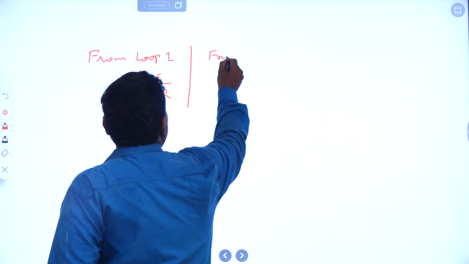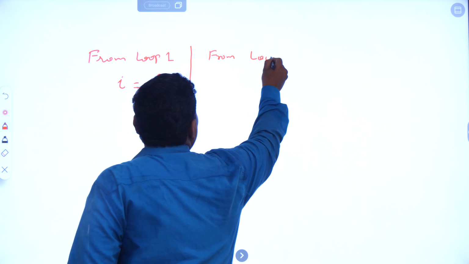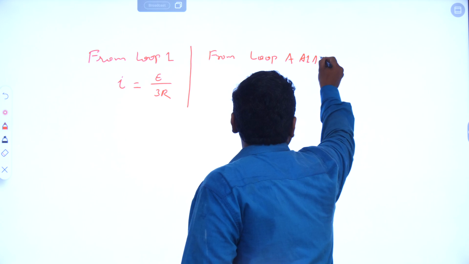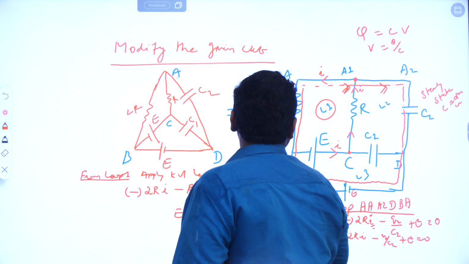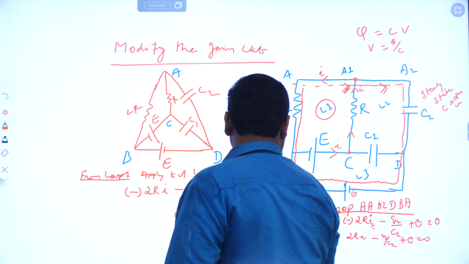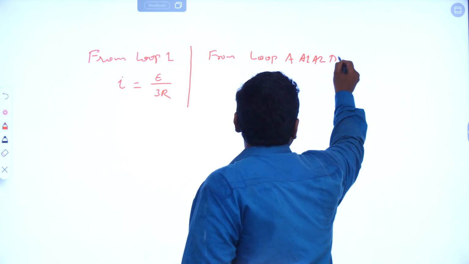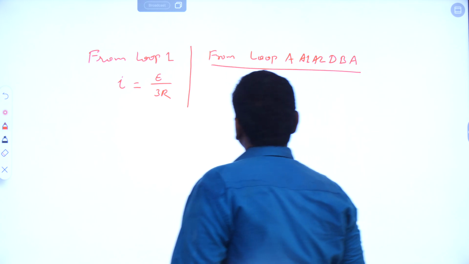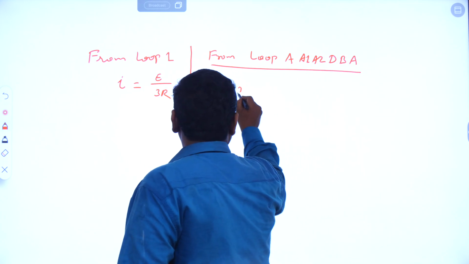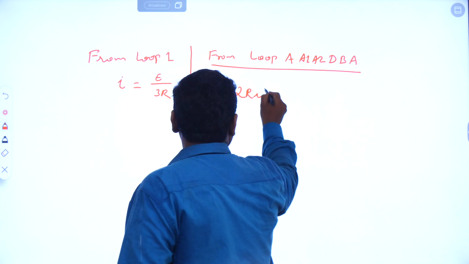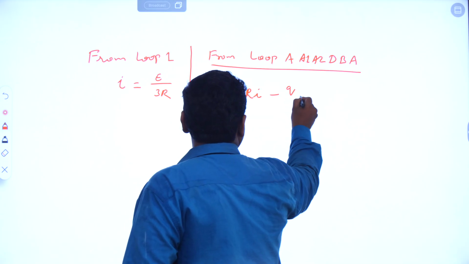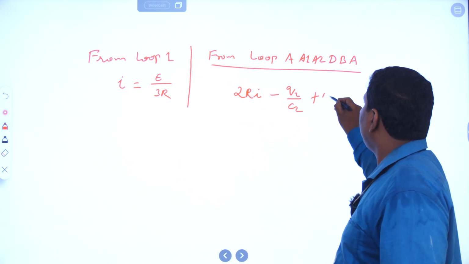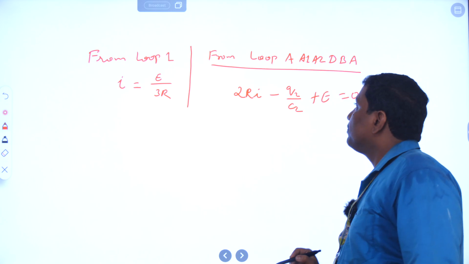From loop A1, A2, D, B, A. Okay. The equation is 2Ri minus Q2 divided by C2 plus E equal to 0. Okay.